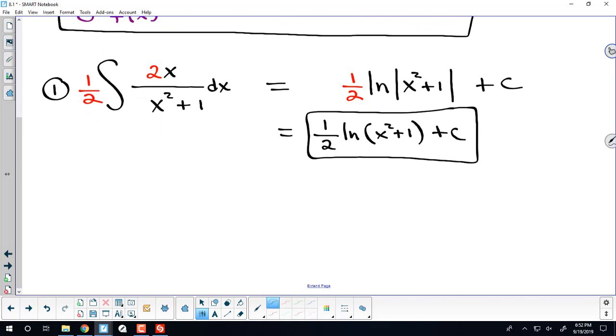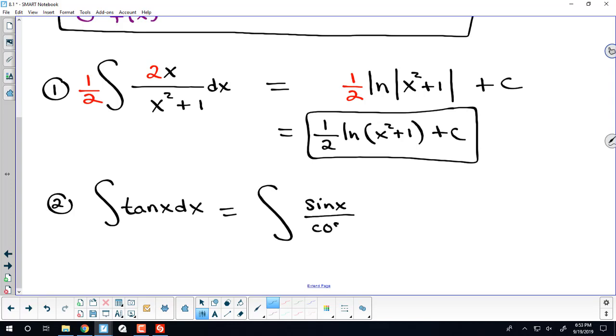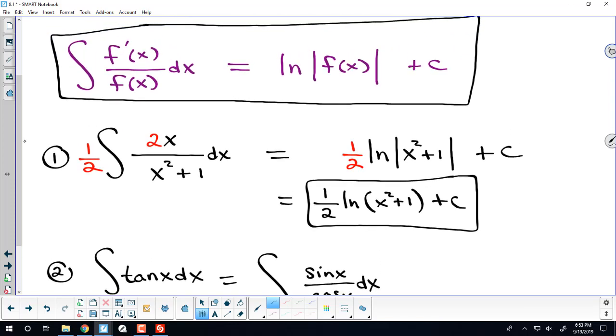All right, another example where we have a similar approach is if we had to find the antiderivative of tangent. So if we look at tangent as sine over cosine, remember the pattern this fits. The derivative is on the top, the function's on the bottom.